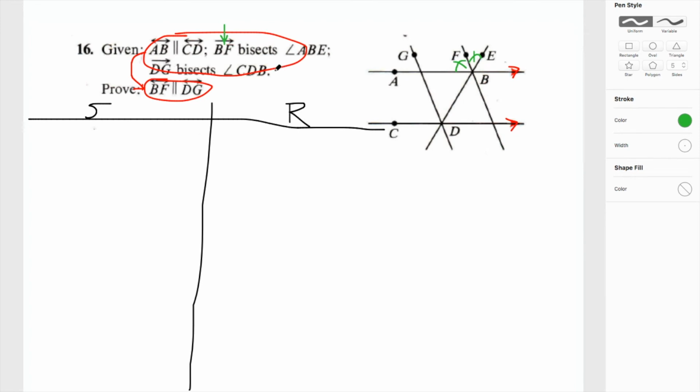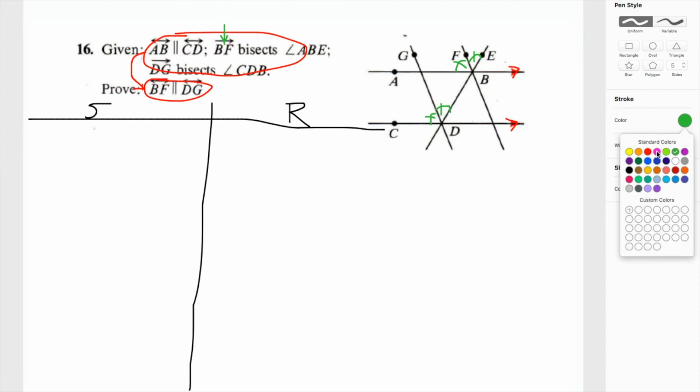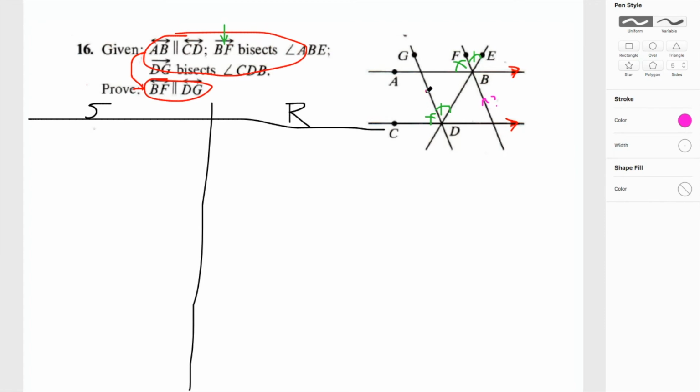Ray DG bisects angle CDB. So that's another one where we're going to know this is congruent to this. And then we might as well mark up what we're trying to prove. We're trying to prove that BF, where is BF? Right here. Is it parallel to this? Okay, so maybe you think for a second and try to work backwards. This is what we're trying to prove, this here and this here. And you think about what are some ways we can connect to it.